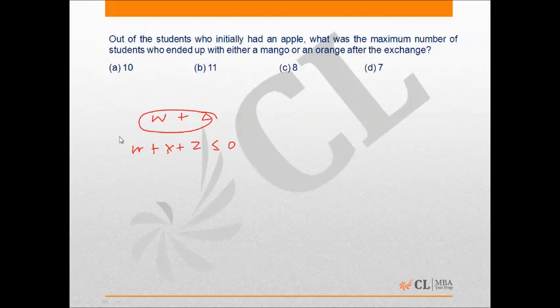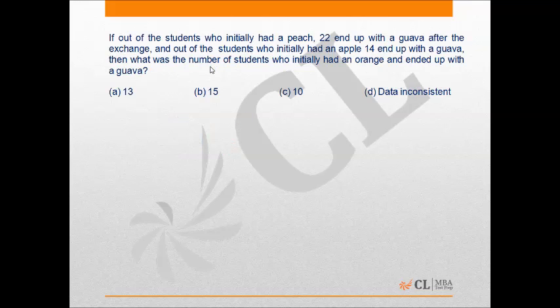In order to maximize the value of W plus Z, we need to minimize the value of X, which can be 0. So the maximum possible value of the required quantity can be 11. Therefore option B is the correct answer. Let's move to the last question of this set.